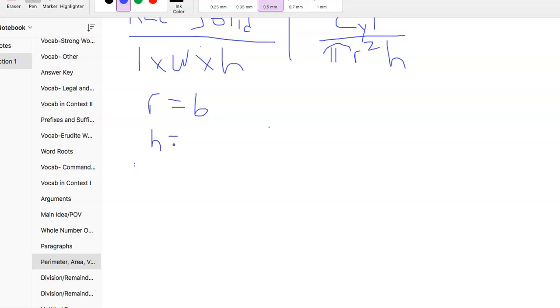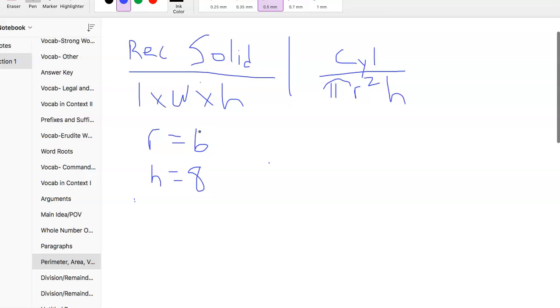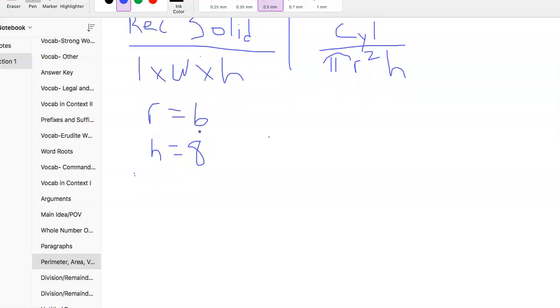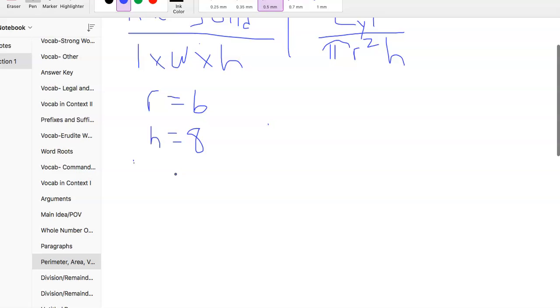Then you just plug it in. They're going to say, for a cylinder, what is the volume given radius is 6, height is 8. Then we plug in our formula. So what do we have? We have pi. In the world of this test, forget about pi equals 3.14. You're always answering these questions in terms of pi.